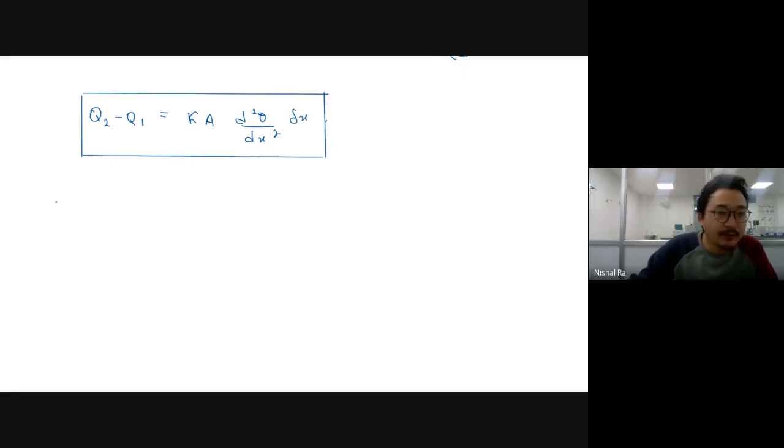Now the heat can flow in two ways. One is through what? The heat used per second to raise the temperature of the rod. Basically, one is through conduction and one is through radiation in this case.